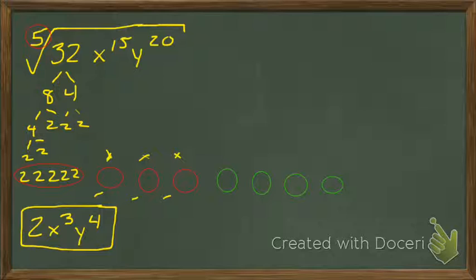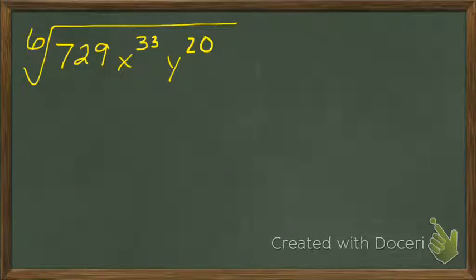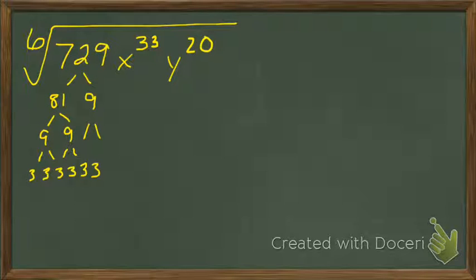All right, now it's your turn. Try that one. 729 is six 3s. So that's coming out. Worked out nice.